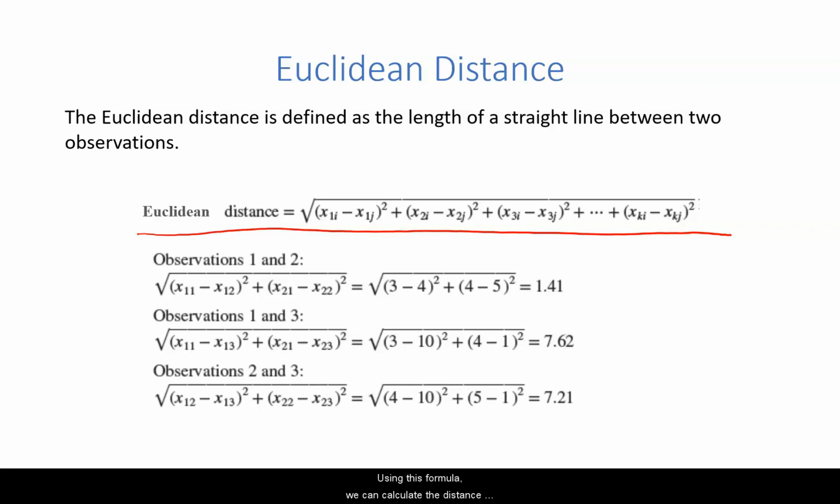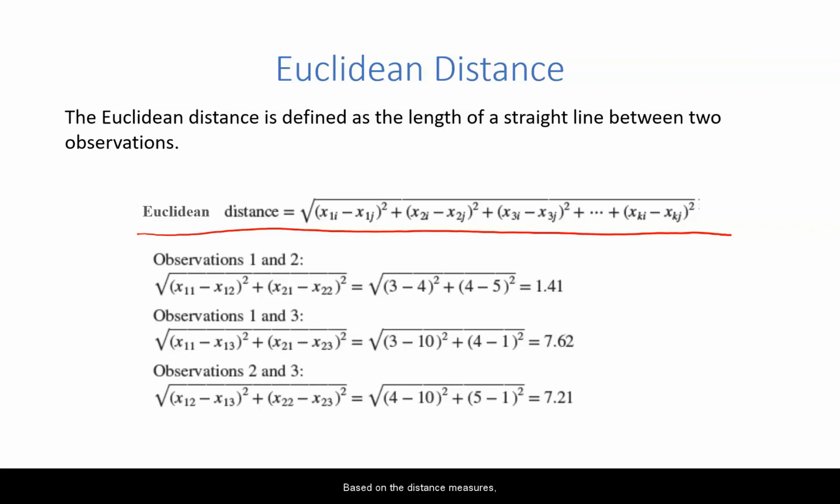Using this formula, we can calculate the distance measures between any two observations. For example, the distances between observations 1 and 2, 1 and 3, and 2 and 3 are calculated here. Please try to calculate them yourself to see if you get the same answers as in the slide.